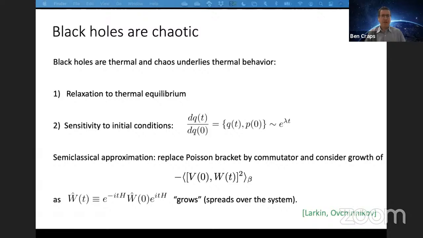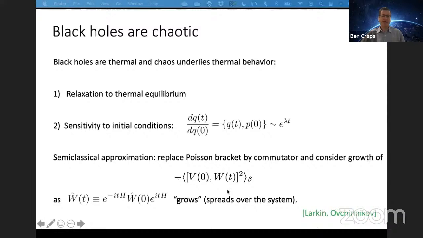So black holes are chaotic objects, and chaos manifests itself in several ways. First, there is the relaxation to thermal equilibrium, and then there is the sensitivity to initial conditions. So you all know the Lyapunov exponent from classical chaos. In quantum mechanics, if you work in a semi-classical regime, you can approximate the Poisson bracket appearing here by a commutator.